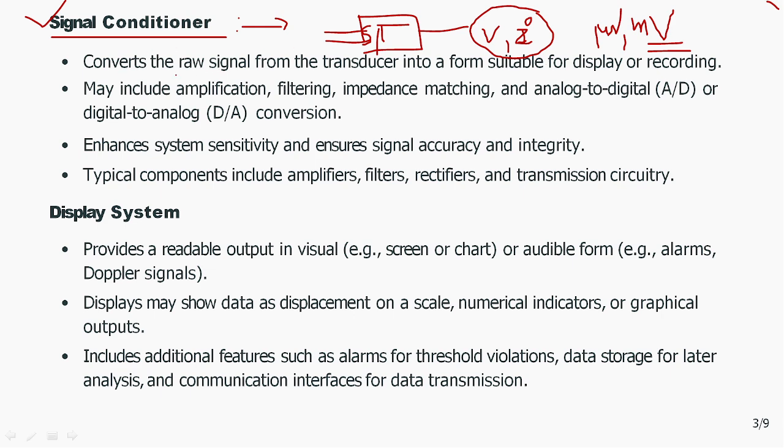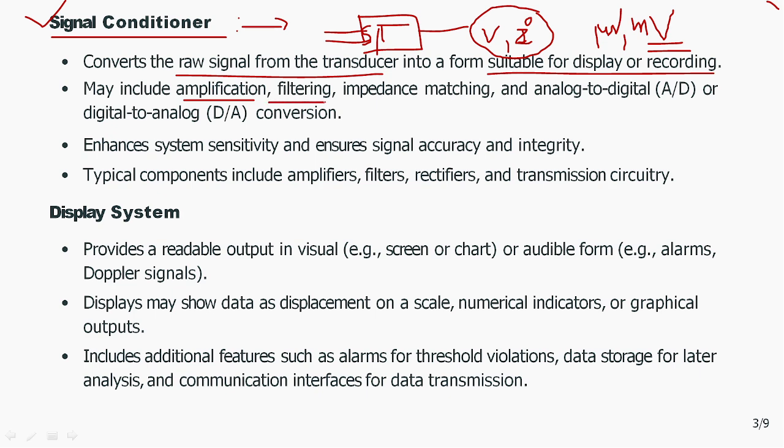They convert the raw signal from the transducer into a form suitable for display or recording. It may include amplification. This is the first amplification, we call that pre-amplification. Why is it called pre-amplification? Because this amplification stage comes before signal conditioning or signal processing.